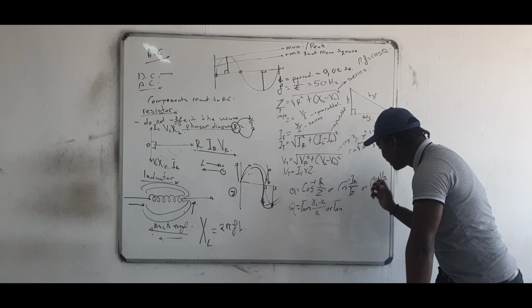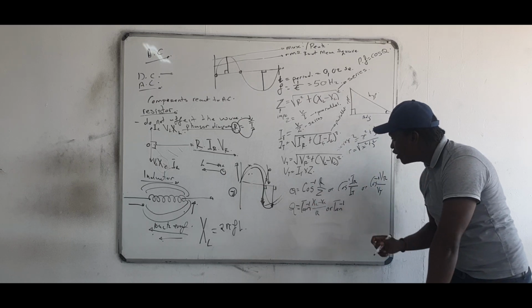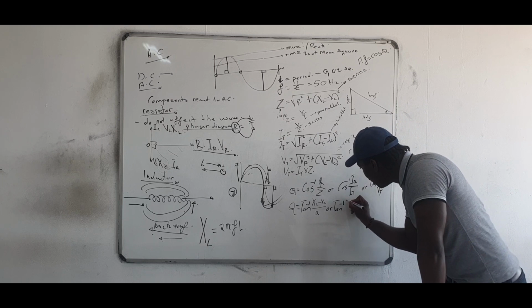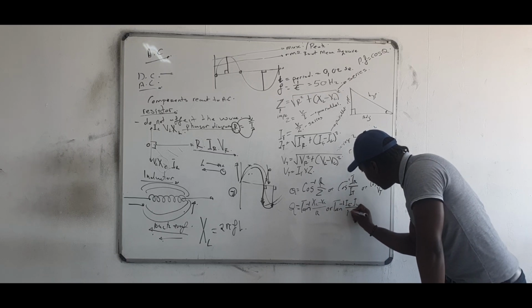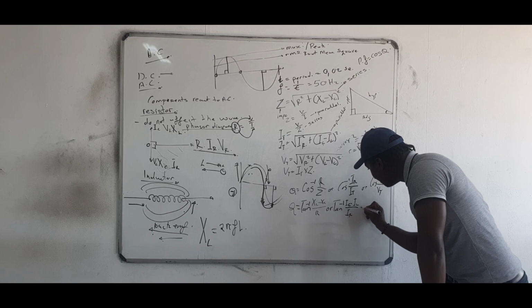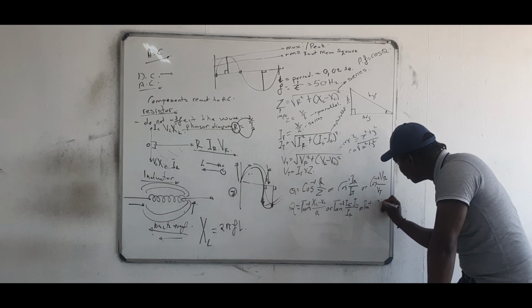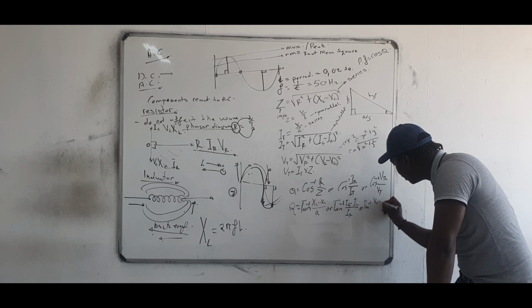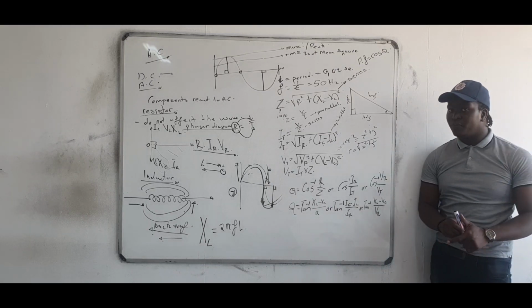So here it will be IC minus IL, close bracket, over IR. Same as this side as well: arctan of VL minus VC, close bracket, over VR. Are we together? These are our formulas.